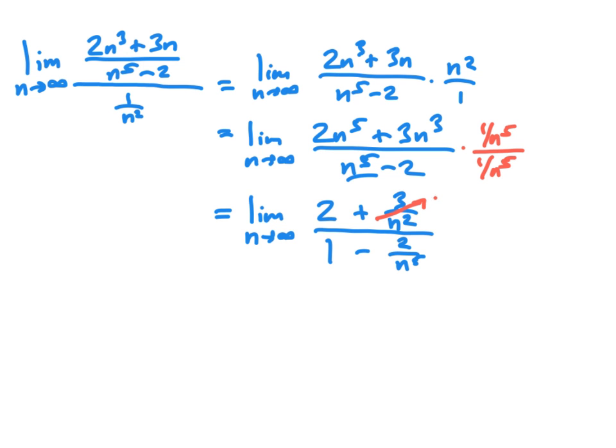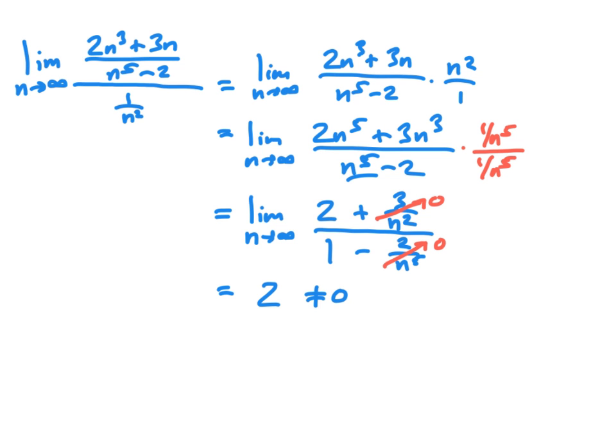The terms with an n in the denominator will have a limiting value of 0. And so we get a limit here of 2, which is a number not equal to 0. This is exactly what we wanted to achieve.